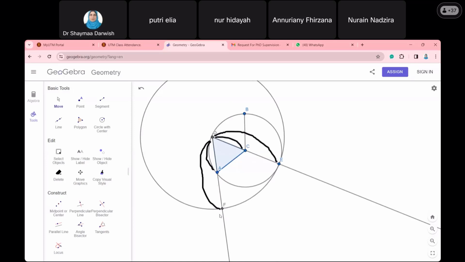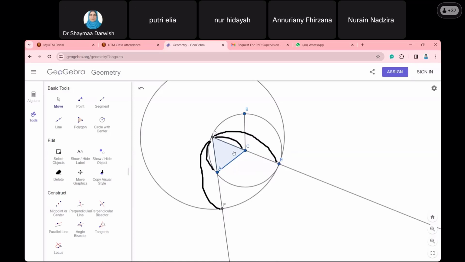So now I have AF. I claim that AF is equal to CB in length. To prove that, you have that CB is equal to CE, the radius of the small circle, and DE is equal to DF, the radius of the bigger circle, and DC is equal to DA because this is an equilateral triangle.